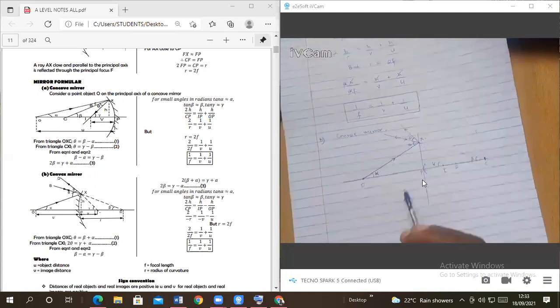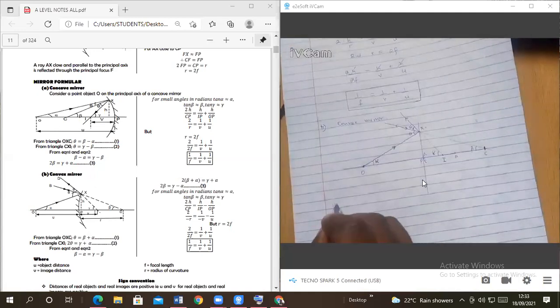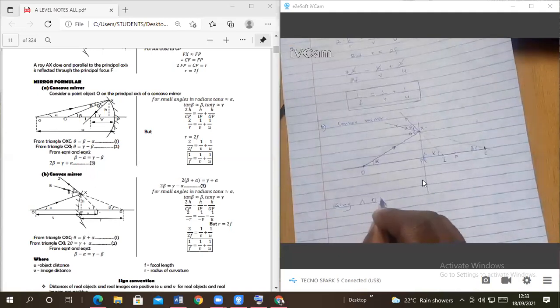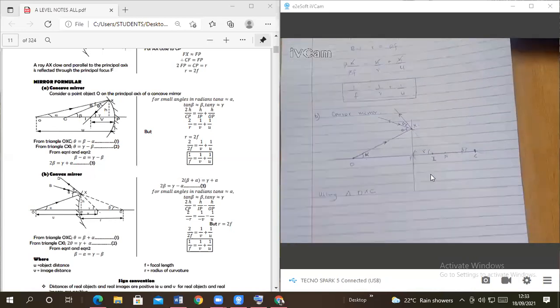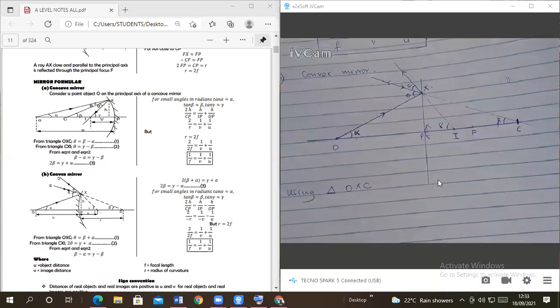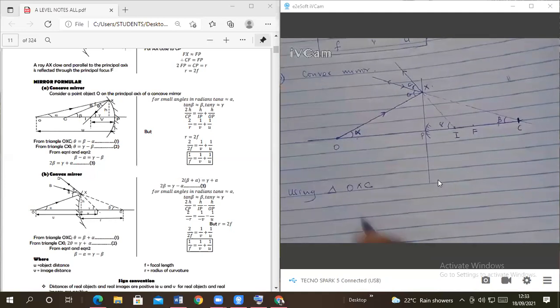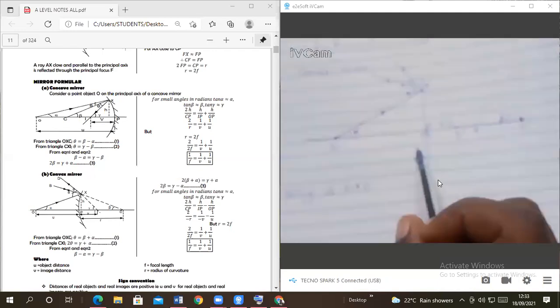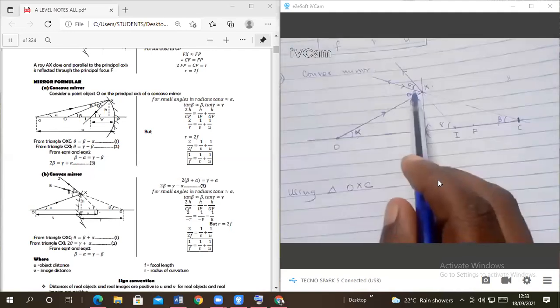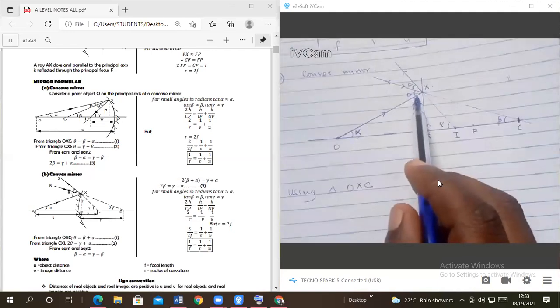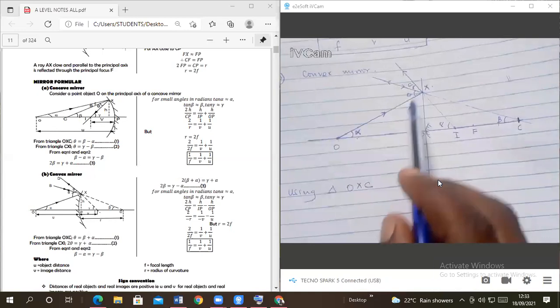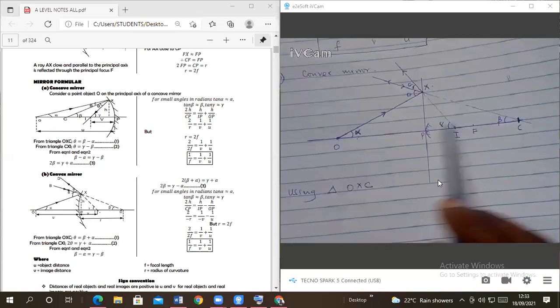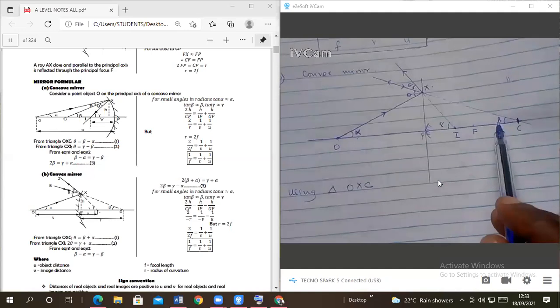So using triangle OXC, let me zoom in there, this angle which is here, theta, is equal to the sum of these two opposite angles, alpha plus beta.